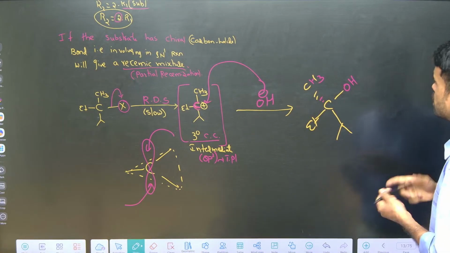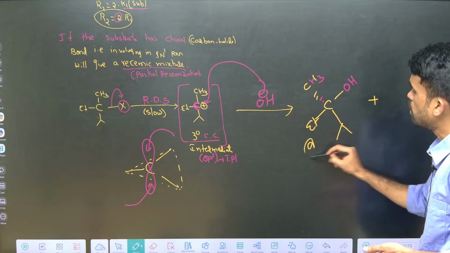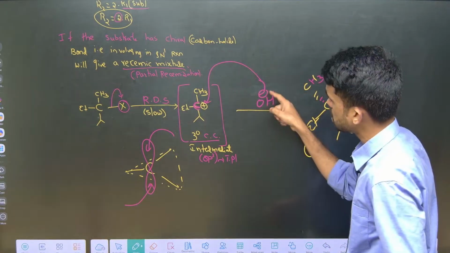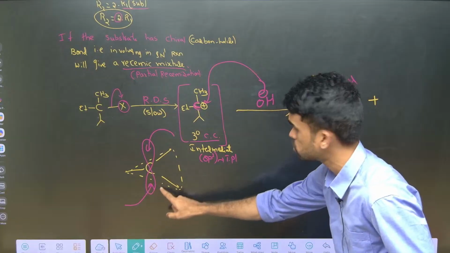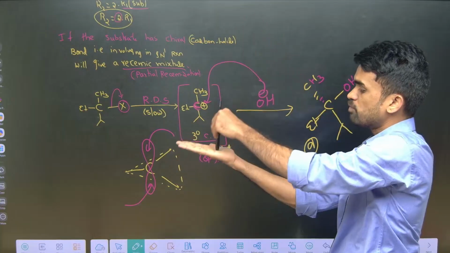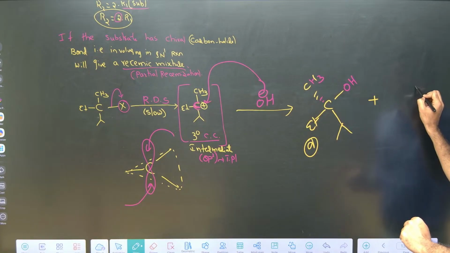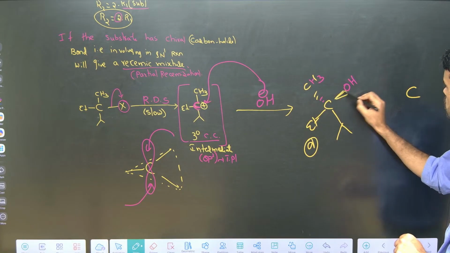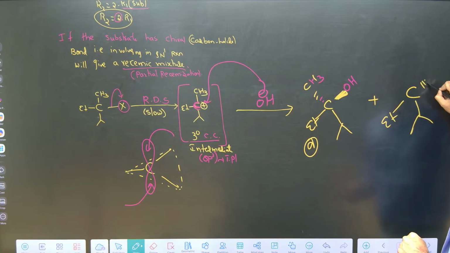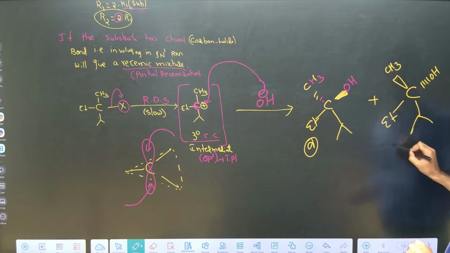This is the type A product, formed when the nucleophile attacks from above the plane. Now there is an equal chance for the nucleophile to attack from below the plane also, because it is a planar molecule. Like this you need to imagine a plane. So OH can come from above the plane or from below the plane. If it is coming from below the plane, see what I am writing here, ET. So OH is coming from below the plane. This will be the scenario. This is the B type of product.